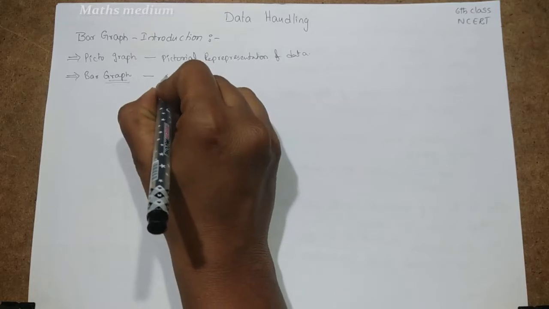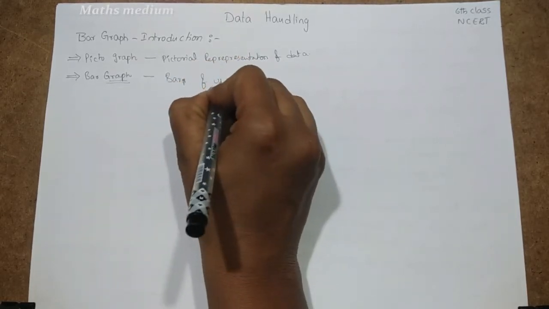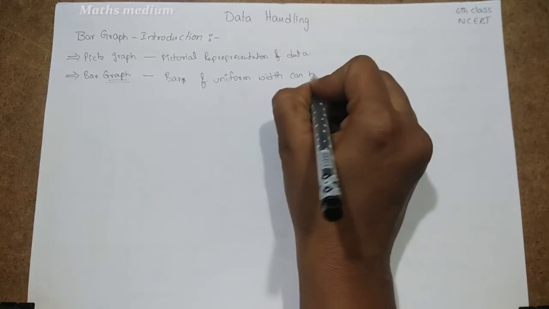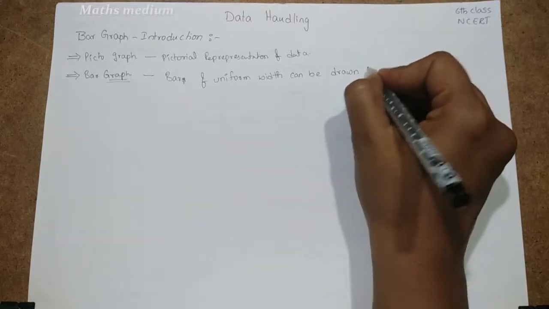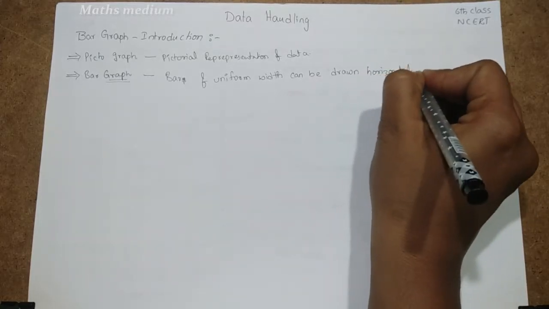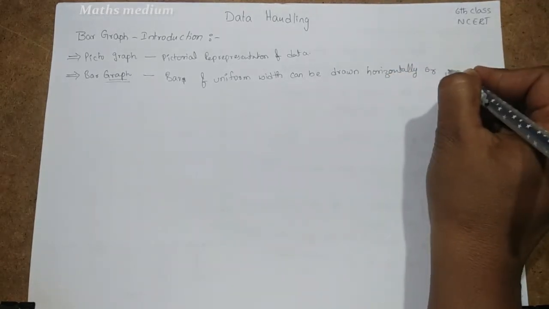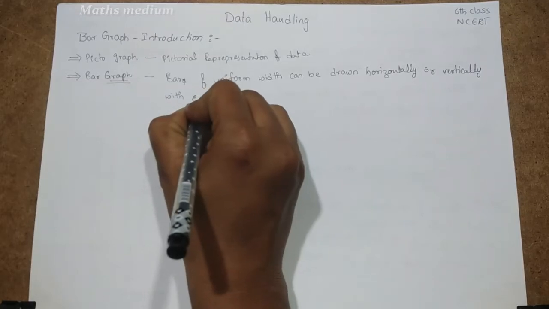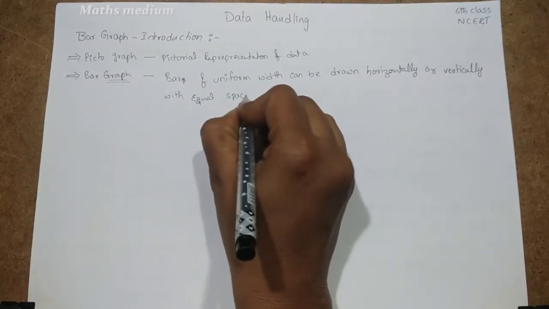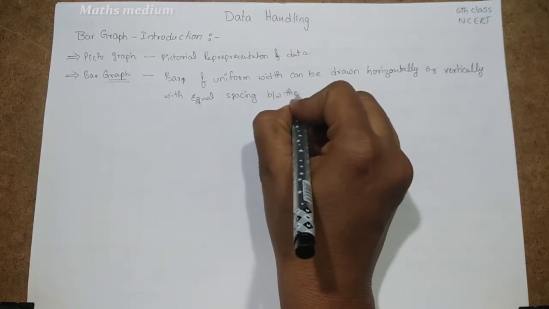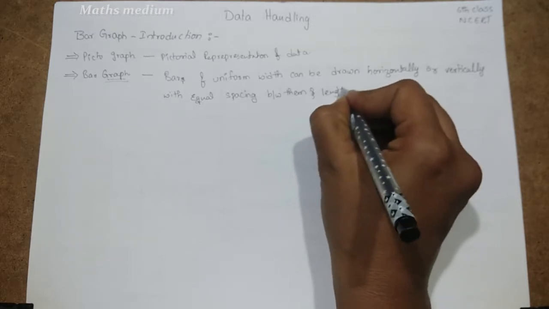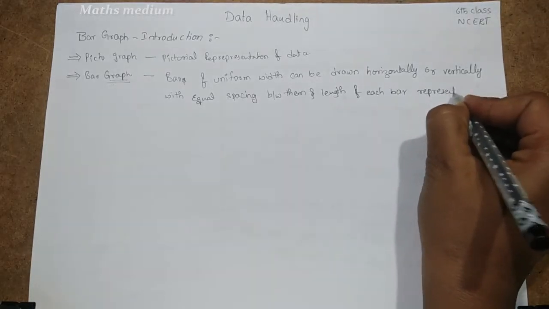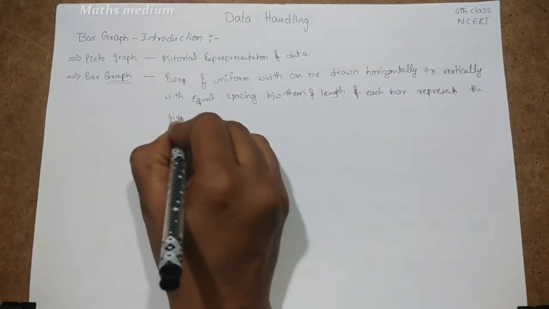So a bar graph is nothing but bars of uniform width that can be drawn horizontally or vertically with equal spacing between them, and the length of each bar represents the given number.